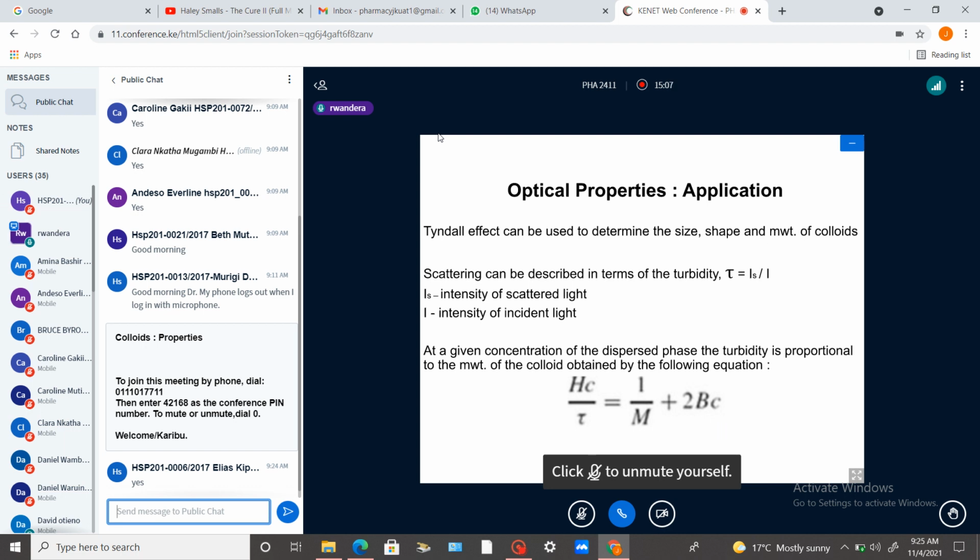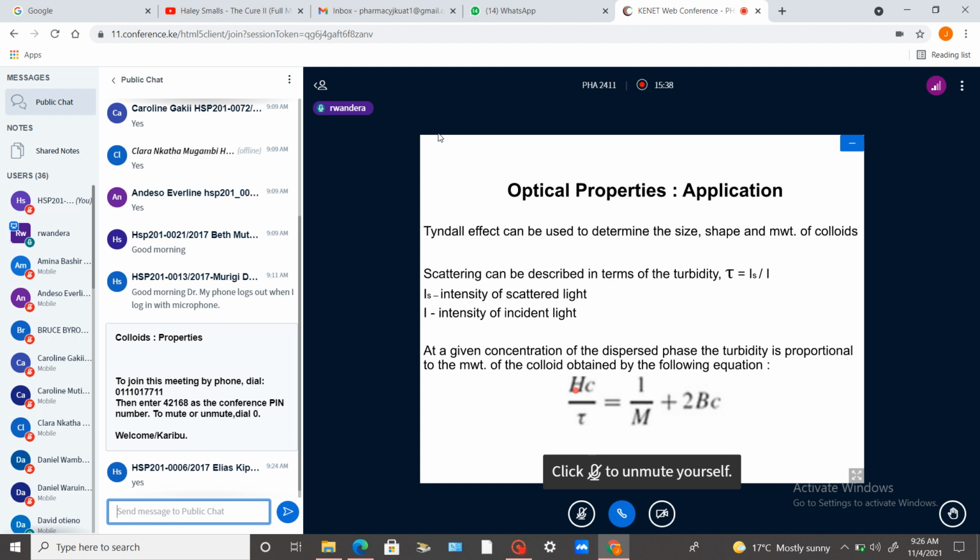So we have an expression that is based on the turbidity of the light scattering effect, and this turbidity is expressed as a ratio of the intensity of the scattered light to the intensity of the incident light. So at a given concentration of the dispersed phase, the turbidity is proportional to the molecular weight of the colloids, which can be obtained using this equation.